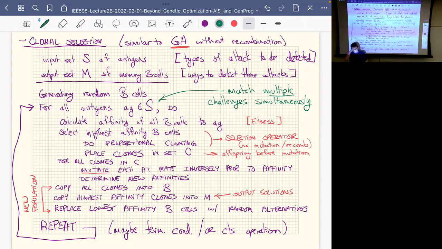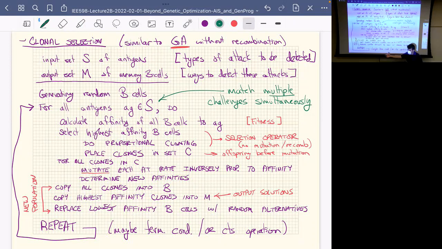Affinity, abstractly, is how well an antibody sticks to an antigen. In the concrete case, it is how well your automation thing matches the challenge that you put in.